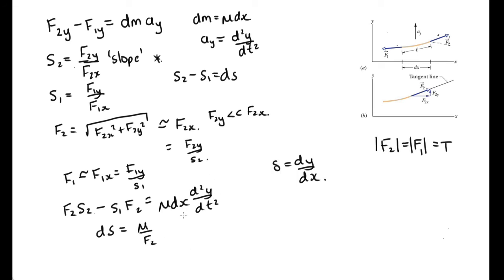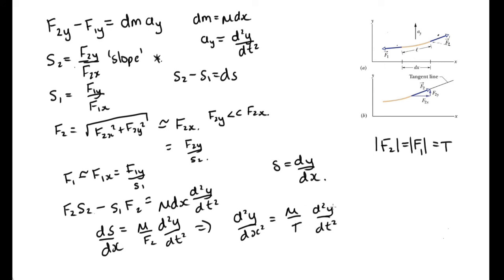Now we're going to move this dx over to the other side, so there's the dx times d squared y dt squared, which tells us that S, this is d of dy dx, so that'll be d squared y dx squared, is equal to mu over F2, which is the same as the tension, so let's put the tension there, d squared y dt squared.